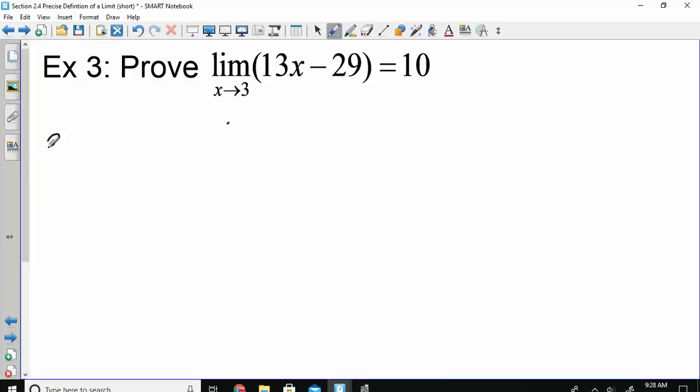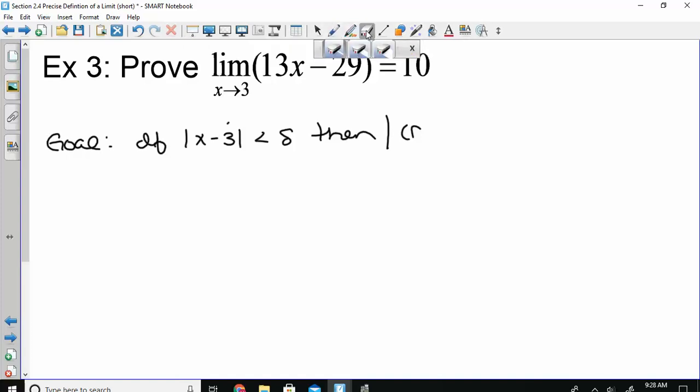So here's our next one. First thing I like to do is write down my goal. That's the definition of a limit. So it's if the absolute value of x minus a is less than delta, then the absolute value of my function minus my limit, which was 10, is less than epsilon.